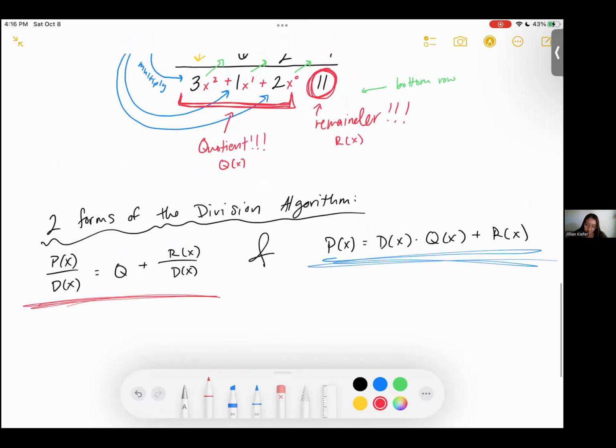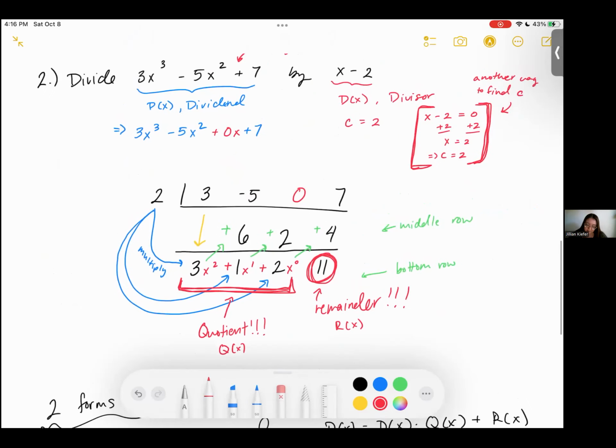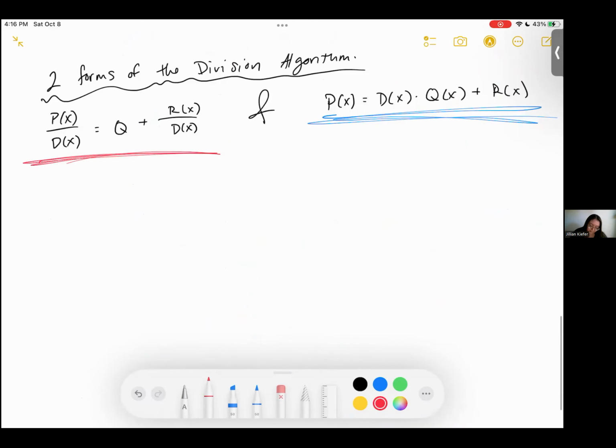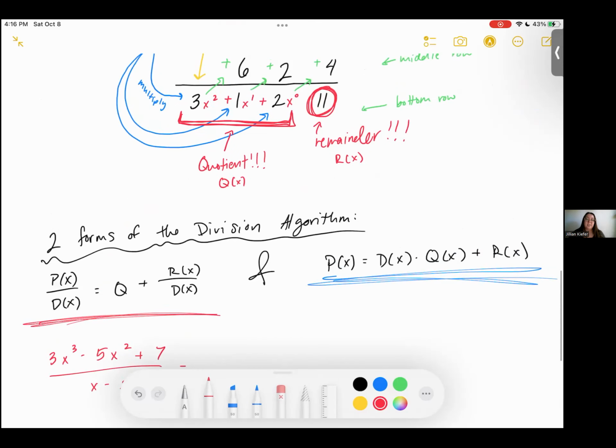So we are going to have our dividend, which was 3x to the power of 3 minus 5x squared plus 7, over x minus 2, is equal to the quotient, which is the first 3 terms in our case. It's every term except the one all the way to the right.